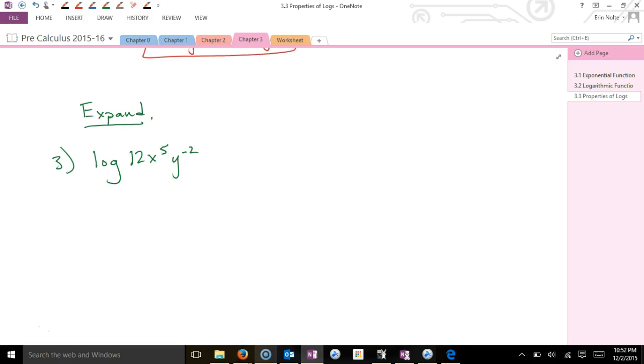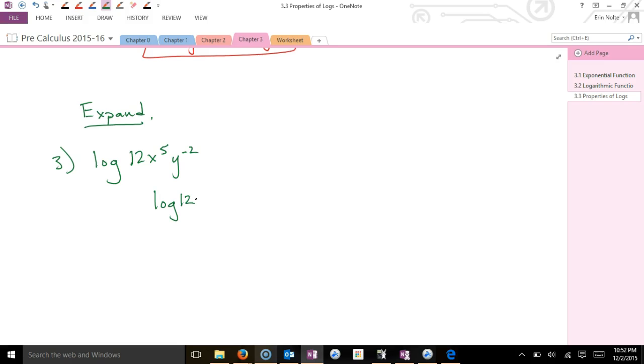Okay, so when I expand it, what is this going to become? The log of 12. Would be 5 log 12x though. Nope, because the 5 is only in the exponent of the x, not with the 12, right?